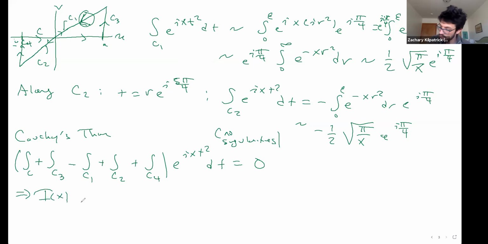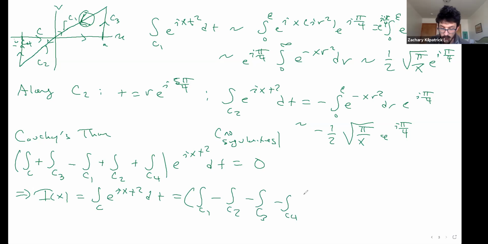I of x is equal to the integral over C of e to the I x t squared dt, which equals the integral over C1 minus C2 minus C3 minus C4 of e to the I x t squared dt.